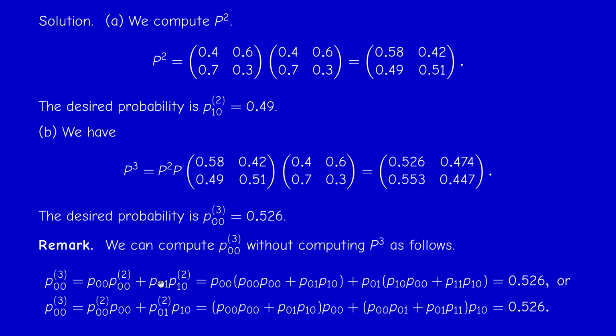But this recursive application of the Kolmogorov-Chapman equation requires much less operations. Okay, so you have at least 2 ways of computing. Of course, in this example, we have small things, so it's not a big deal. But it's important to know both approaches, actually.